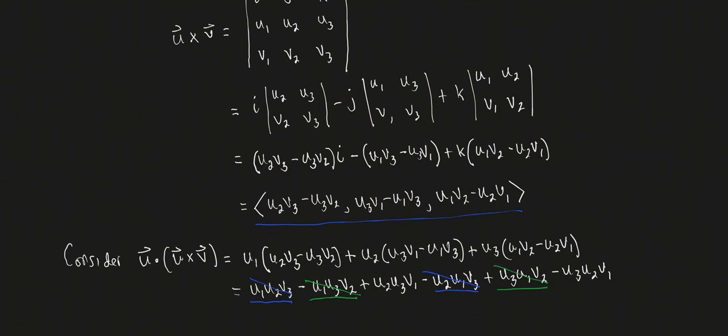And I think you see what's going to happen. Look at this. So U2 U3 V1. And then here it is, we have our U3 U2 V1. So again, this term here is the negative of this term here. So they cancel out, right?